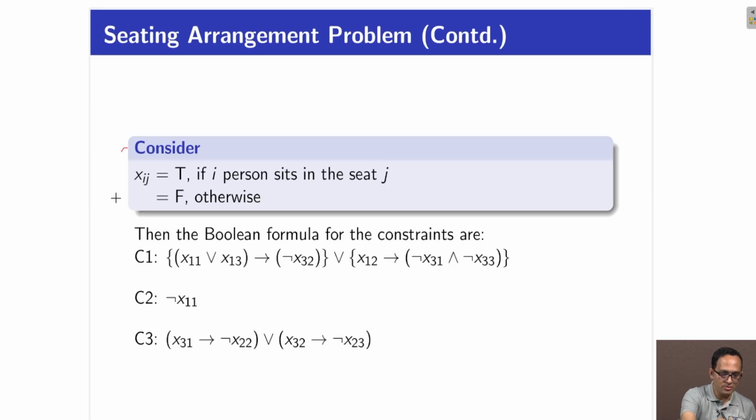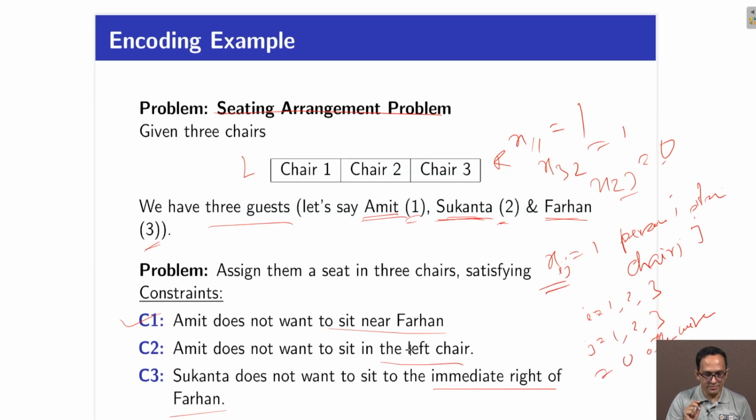Okay, this is what I talked about here. Now, let us see how I can encode this one. Amit does not want to sit near to Farhan. What does it mean? If Farhan sits here, Amit will not sit here. These are the 2 cases.